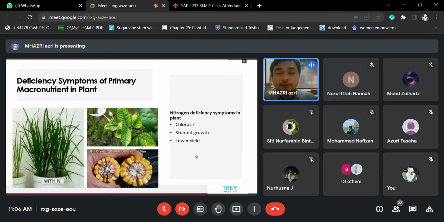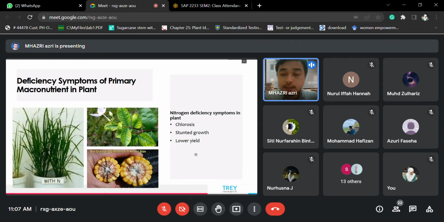What is the physiological function of nitrogen in plants? Nitrogen is required by plants for growth because it is required to produce amino acids, and it is also required for chlorophyll synthesis, because the chlorophyll molecule contains nitrogen. So the symptoms will be related to its physiological functions in plants.